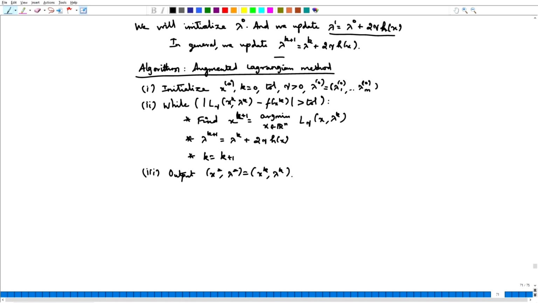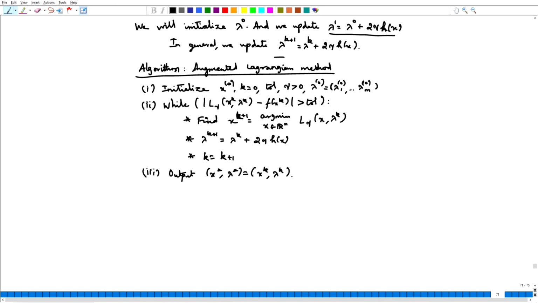Because when we actually solve a constrained optimization problem, we do not just write x star as the critical point, we give the pair x star, lambda star as the critical points that are required. So, augmented Lagrangian method actually gives us the x star as well as lambda star, and quadratic penalty method does not. That is something to be remembered as well.